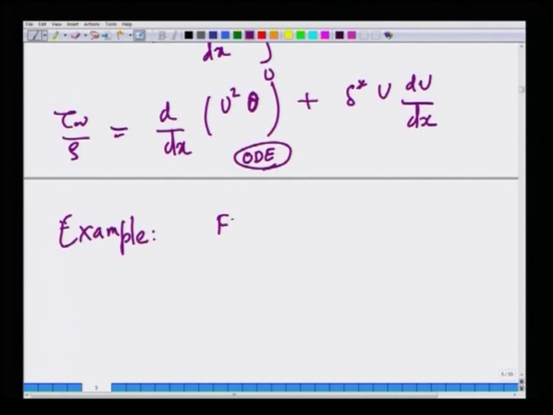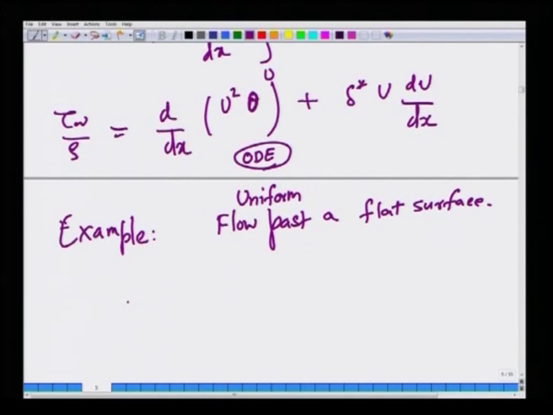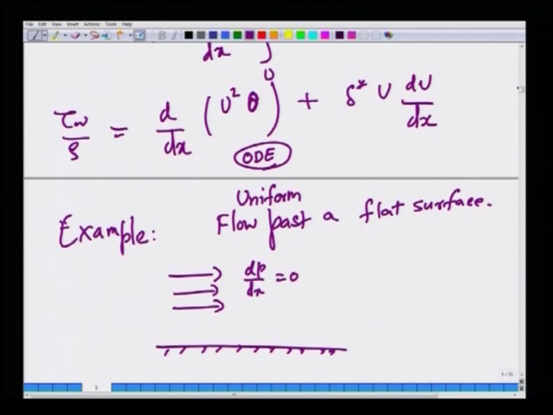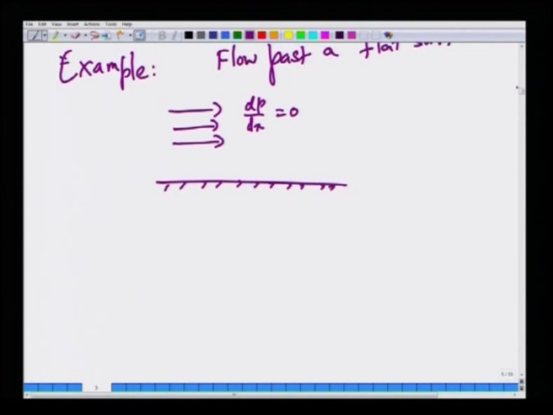You have a uniform flow past a flat plate, flat surface, rigid surface. So, imagine that outside the boundary layer the flow is uniform, that is no pressure gradient in the potential flow. Okay. So, this is the uniform flow case.